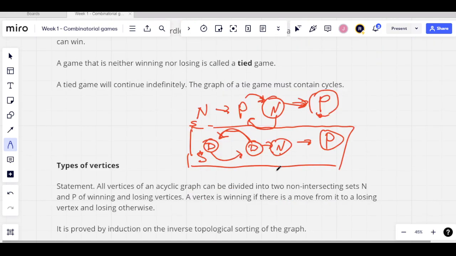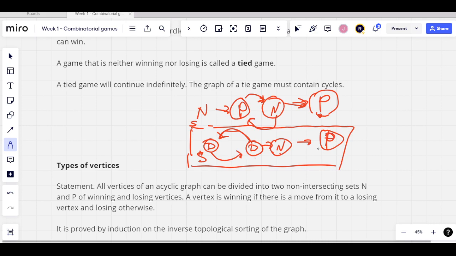It means this vertex is N, and all vertices adjacent to it are marked as N. But in this case we have to add a rule. Suppose at the beginning of the algorithm all vertices are marked as tie.